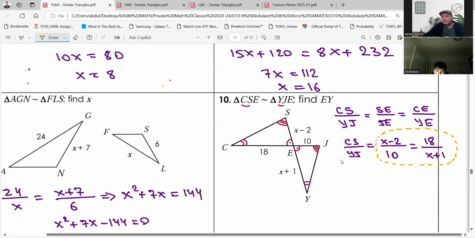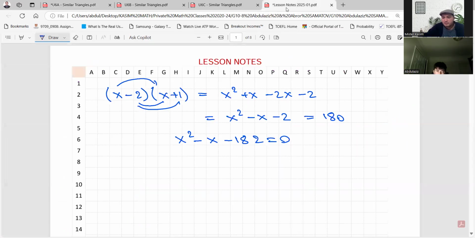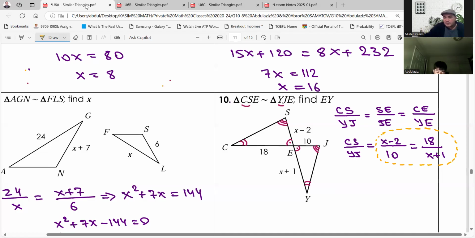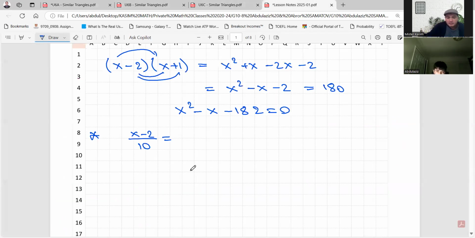So if we have this ratio, how do we solve this? By cross multiplication. X minus 2 over 10 equals 18 over X plus 1.